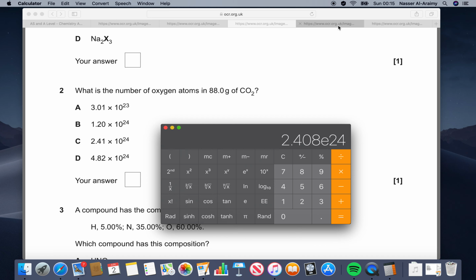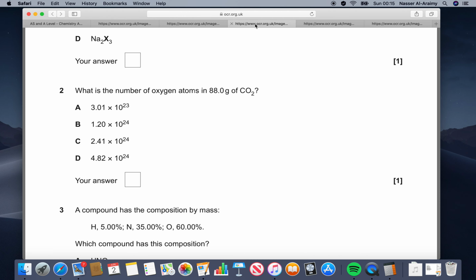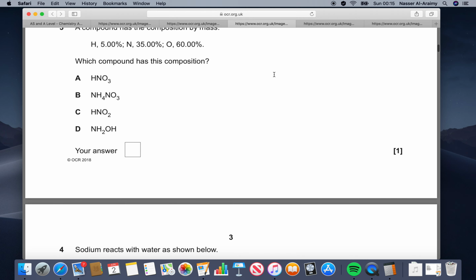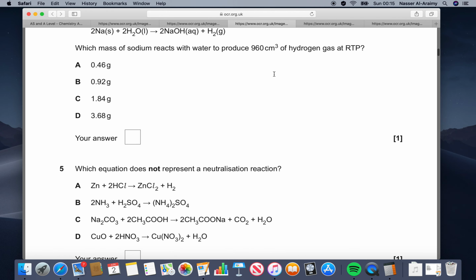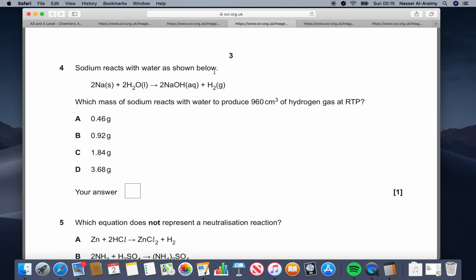And that also is our answer. Okay, so you've got to know how to do your standard calculations in chemistry.